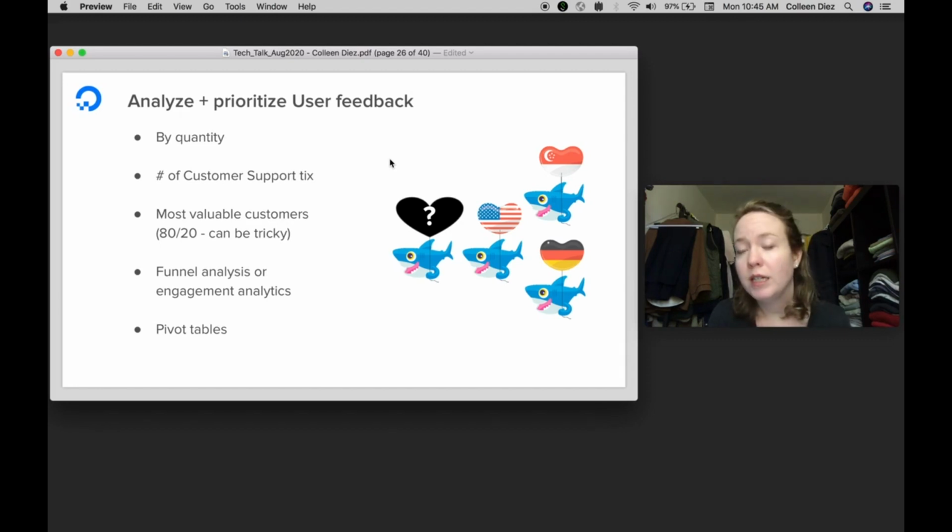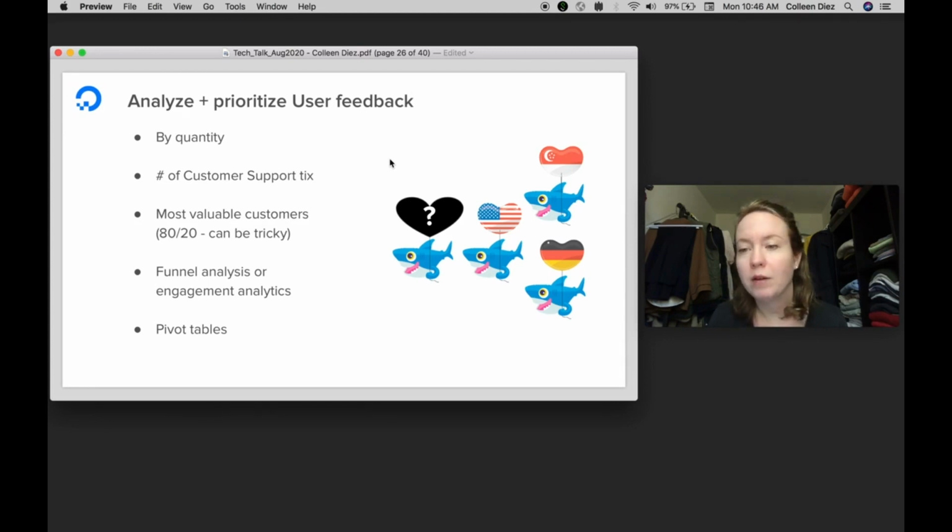This can be a little tricky if your most valuable customers don't represent the rest of your customer base. Then you might be prioritizing things that don't fit everyone else or don't solve other people's problems. So I would say be aware of that. You can also look at funnel analysis or engagement analytics to understand what the priority might be.